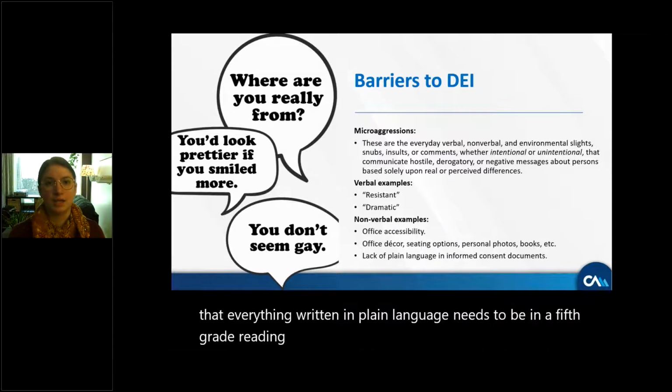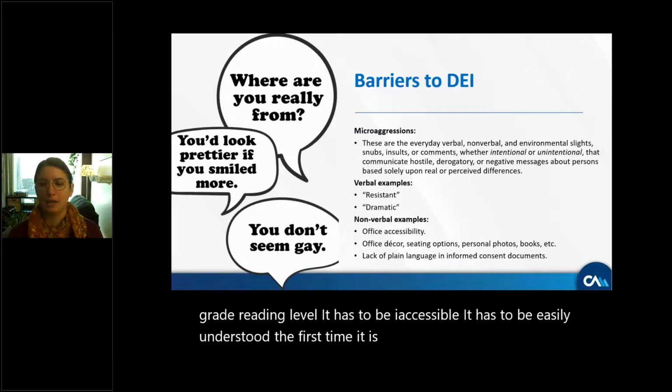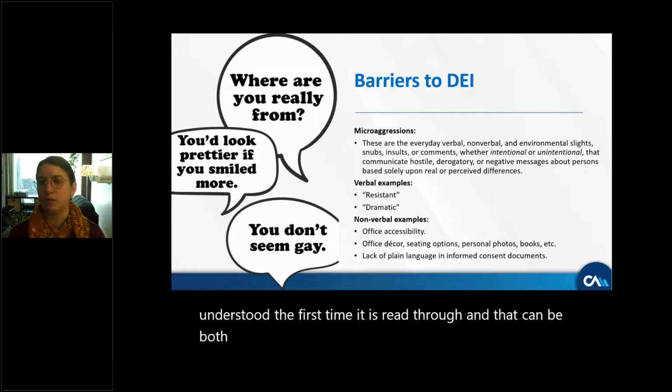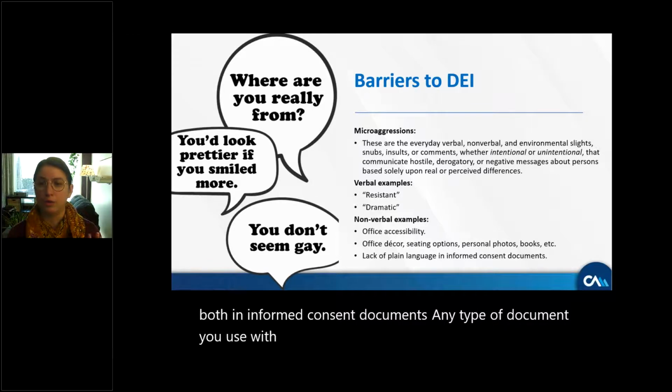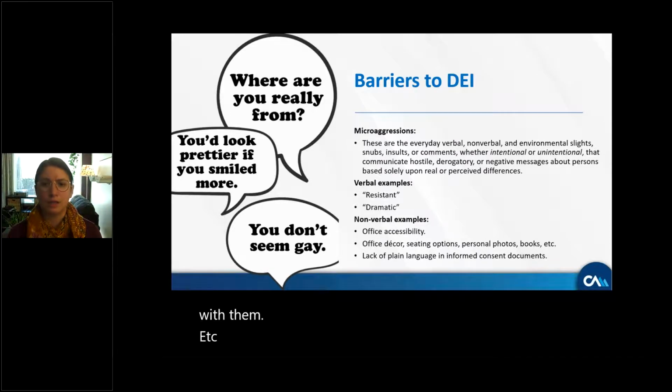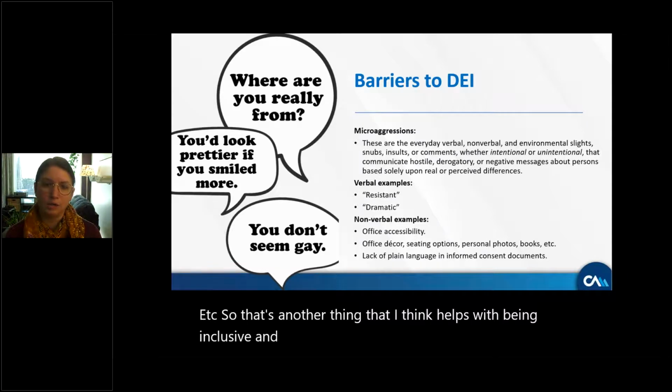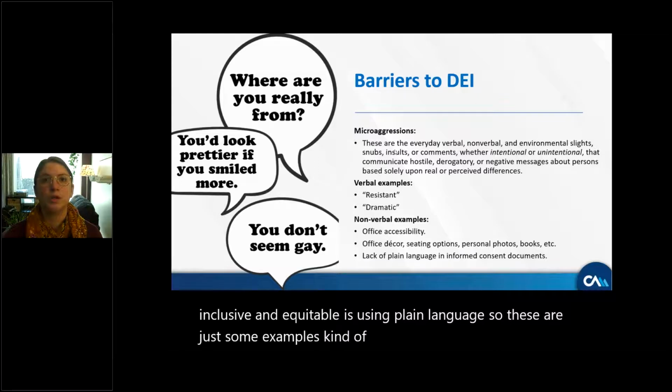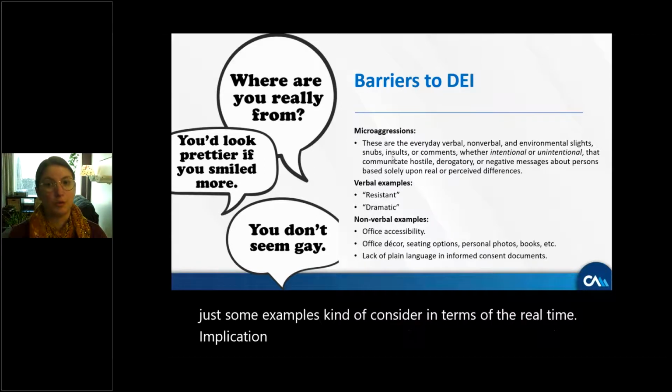It has to be accessible. It has to be easily understood the first time it is read through. And that can be in informed consent documents, any type of document you use with clients. It also could be whether you're emailing with them, etc. So that's another thing that helps with being inclusive and equitable, is using plain language. So these are just some examples to consider in terms of the real-time implication, what it looks like to be more inclusive.